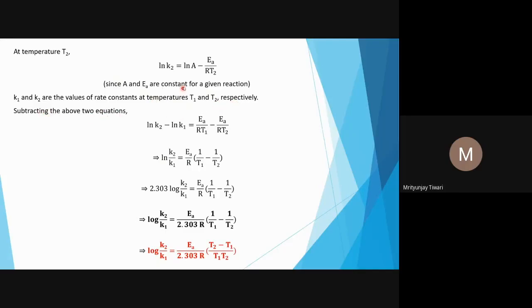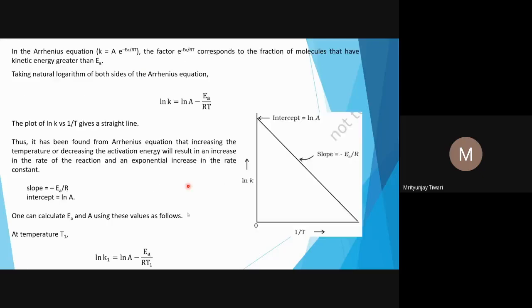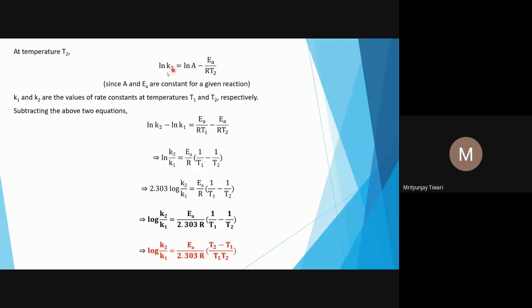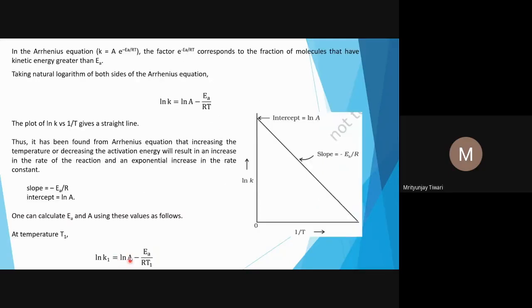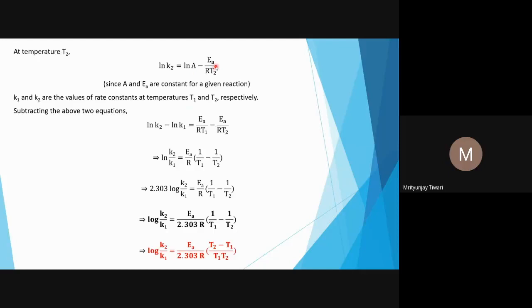Subtracting the above two equations, what can we do? We subtract the first equation from this equation, so we get ln K2 minus ln K1. The left-hand sides will be subtracted and the right-hand sides will also be subtracted. So ln A is here and ln A is here, and these two will cancel out.